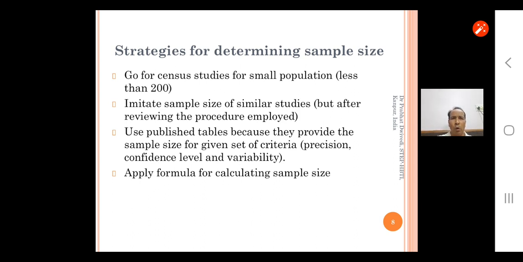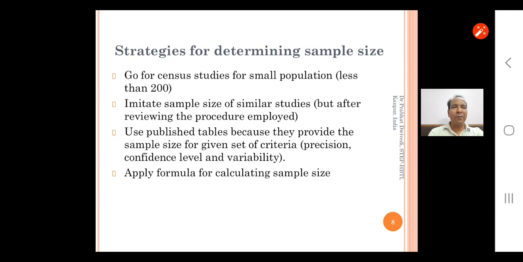How can we go for the census studies? Of course, I have told you earlier that if the population size is small, for example less than 200, we can go for the census study. Another strategy for determining sample size in quantitative studies is that we can imitate sample size of similar studies.